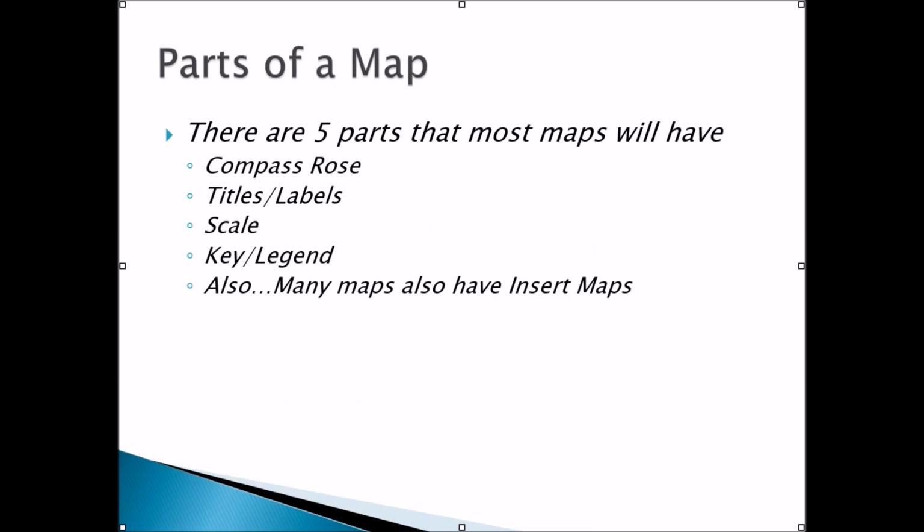There are 5 parts of the map that we will focus on today. These are the compass rose, titles and labels, scale, keys and legends, and also many maps have what are called insert maps. These also can be called inset maps.